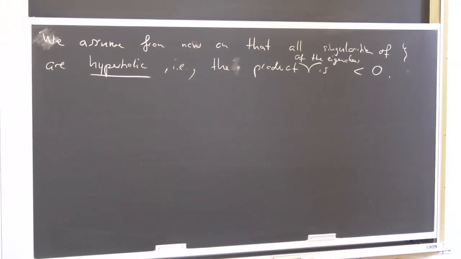Well, otherwise it wouldn't be less than zero, because there would be complex conjugates, so their product would be positive. Okay, I see. So that is a very short way of coding hyperbolic.